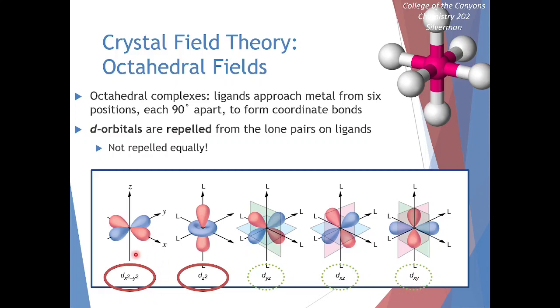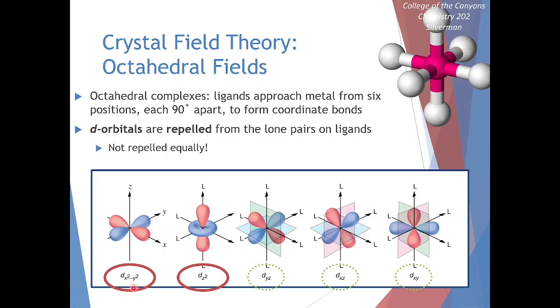We have 2 other d orbitals, one of which is exactly on top of the x and y axis. The other of which is directly on top of the z axis with, okay, I like to call this a little donut, which is on the xy plane. If we're imagining our ligands coming in, bumping into this metal, these ligands are going to bump into our dx squared minus y squared orbital very strongly.